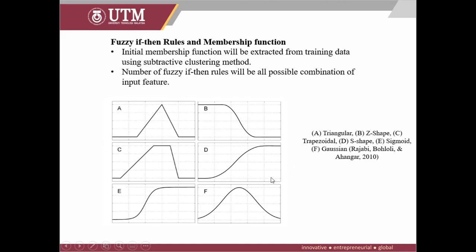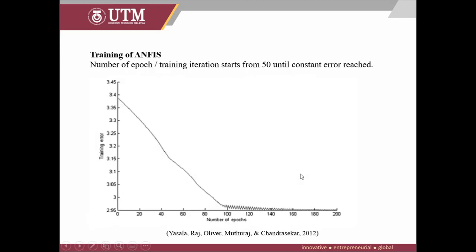And there are 6 types of membership function, and we don't know what is the best membership function type to use, but we'll try out a few of the membership functions here. And for the training of ARM-FIS, you start with 50 training iterations until the constant error is reached. So you can see that as the number of iterations increases, the training error also decreases.